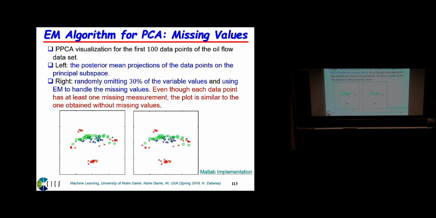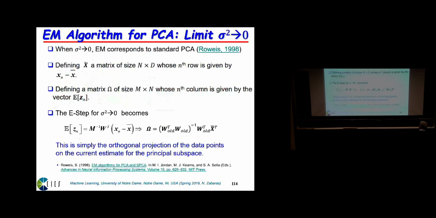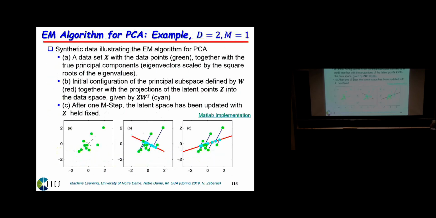Let me show you the expectation maximization algorithm in practice. We only do one dimension here, so we project two-dimensional points on this line. We have iterations of the EM steps. Can you tell me what step we're doing here?